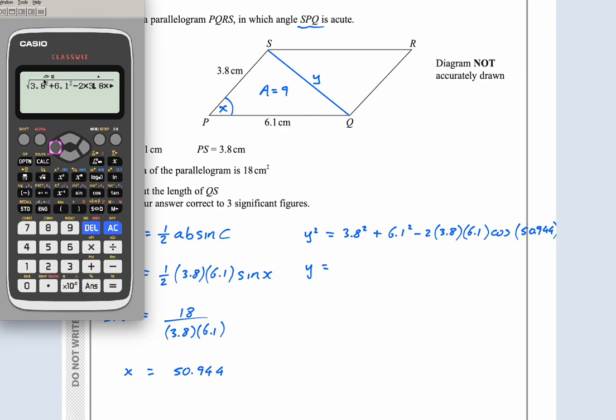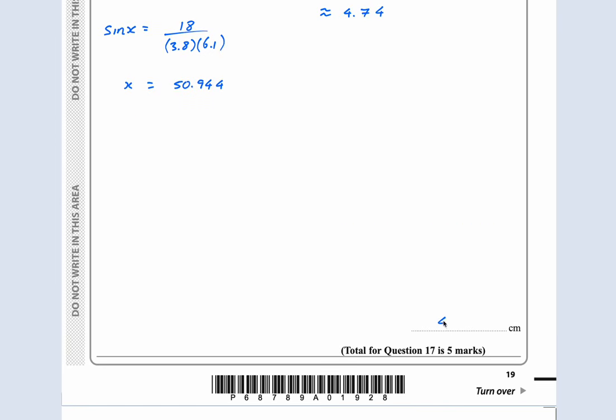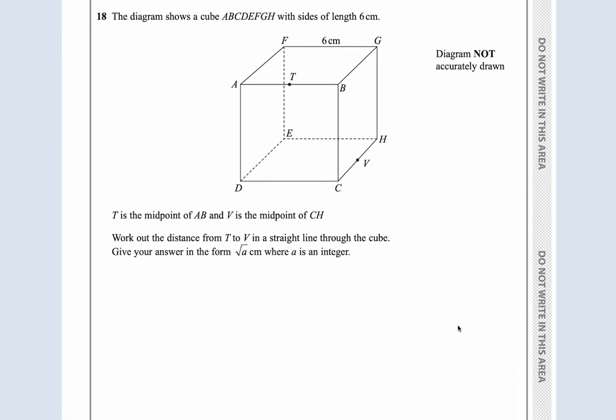What did I do? 3.8 squared plus 6.1 squared minus 2 times this times this. I forgot to close the bracket. That's all, guys. And I get 4.737. Three significant figures, 4.74. And it's centimeters. 4.74. Okay, question 18.